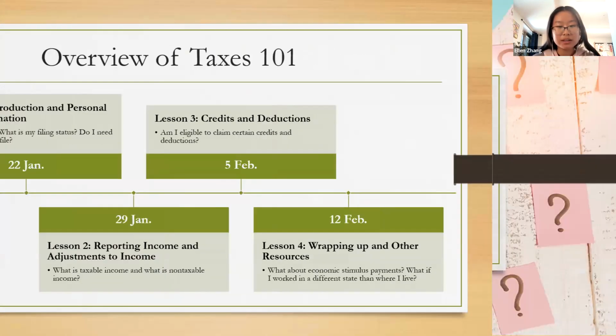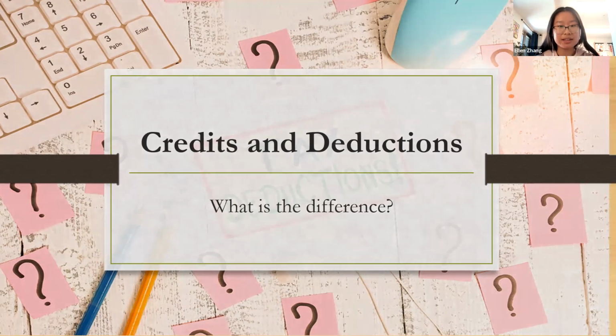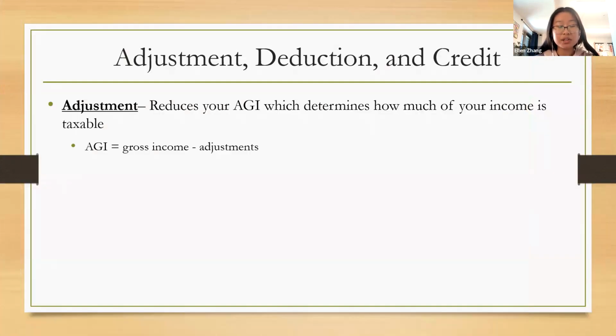So let's just go ahead and get started with today's topics, credits and deductions. First off, what is the difference between the two? It's something that people might get confused by, so let's start with that. Last time we talked about adjustments, and adjustments reduce your adjusted gross income, something that determines how much of your income is taxable.